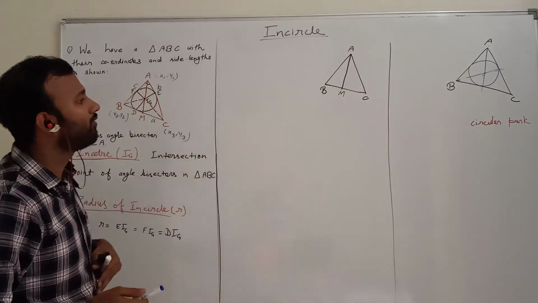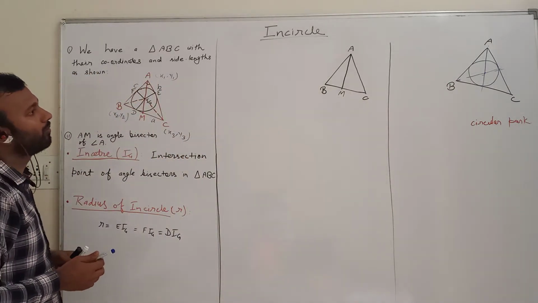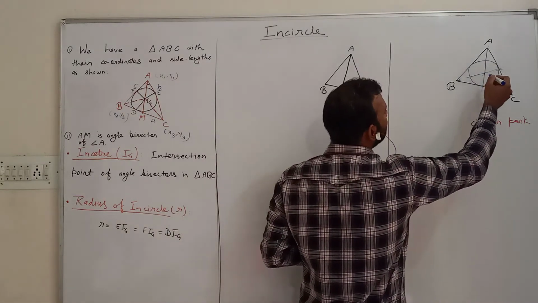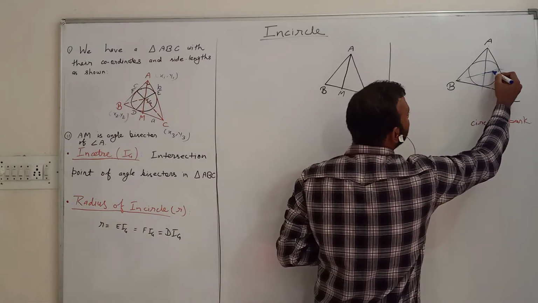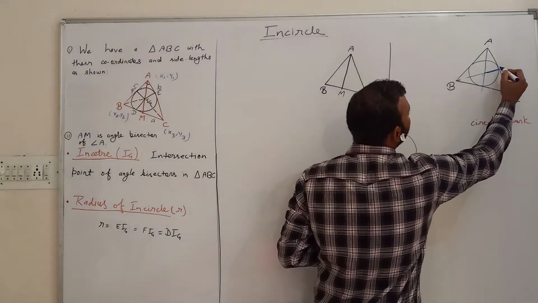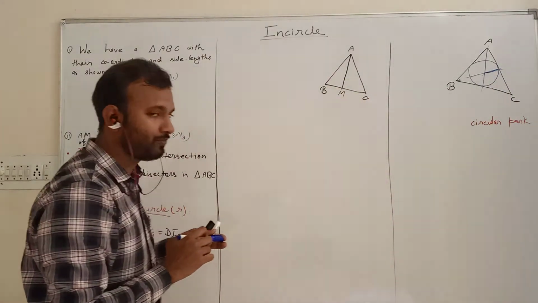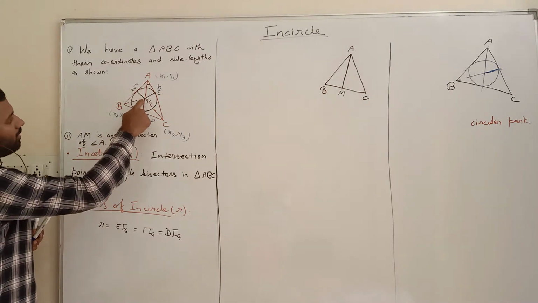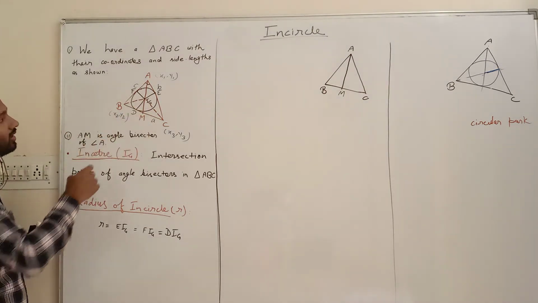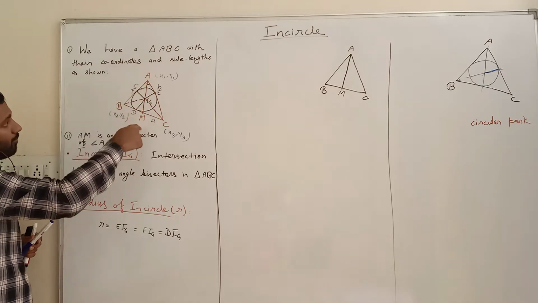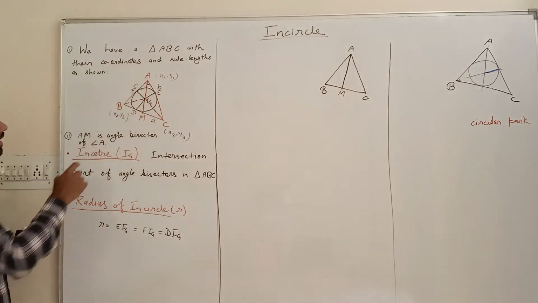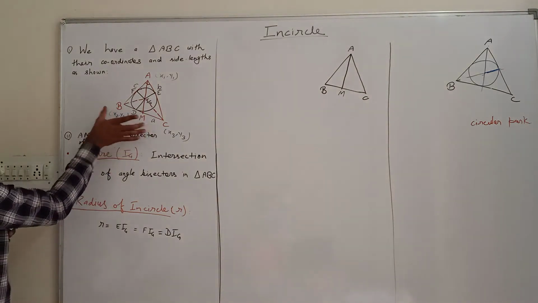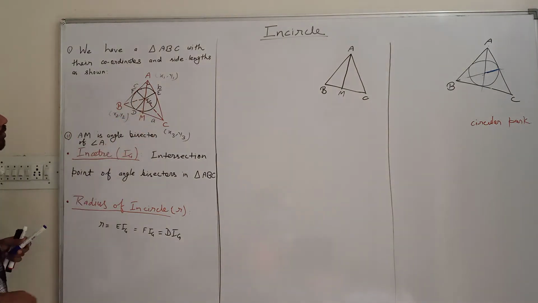Okay, so our basic concern is how to determine the center and the perpendicular distance. If you observe clearly, I to M is on the line AM, which is the angle bisector, and DI is perpendicular to BC.